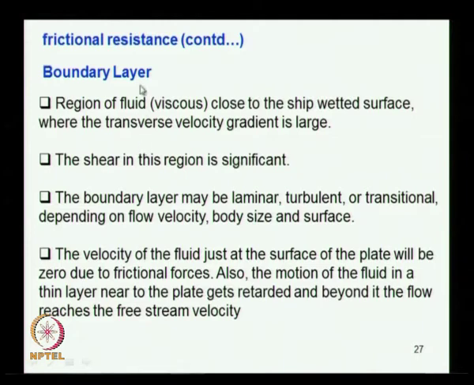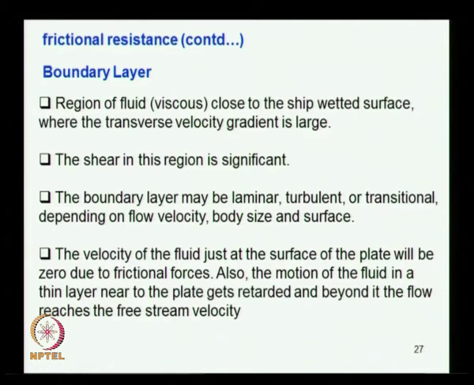So when you look at the boundary layer, the region of the fluid close to the ship wetted surface, you know that it is very close to the ship surface. Depending on the type of surface and the speed, boundary layer thickness varies, but usually the thickness is quite small compared to the ship dimensions. So in this boundary layer the shearing effect is significant.